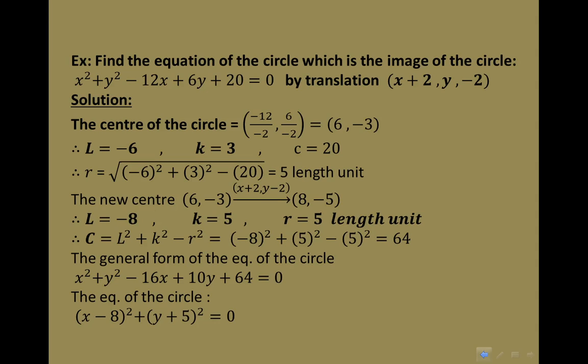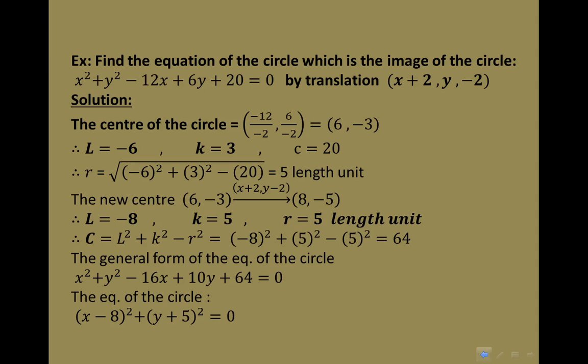Therefore C equals L squared plus K squared minus R squared, negative 8 squared plus 5 squared minus 5 squared. Here C equals 64.